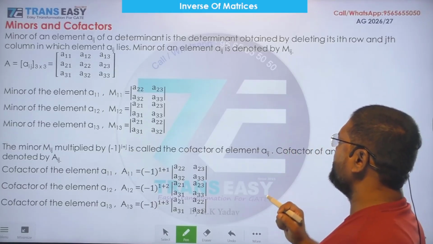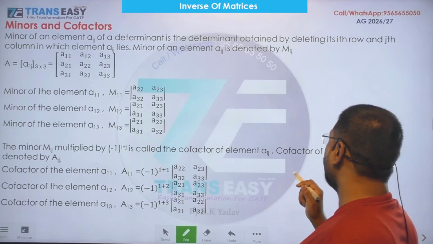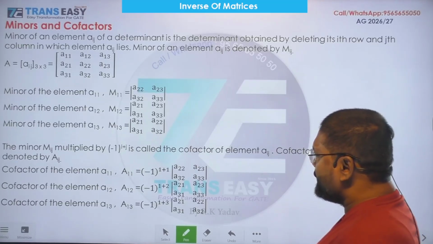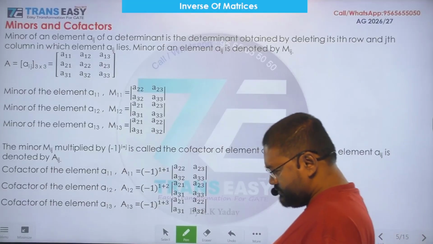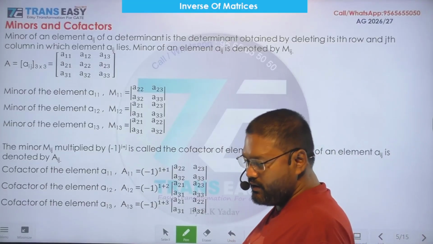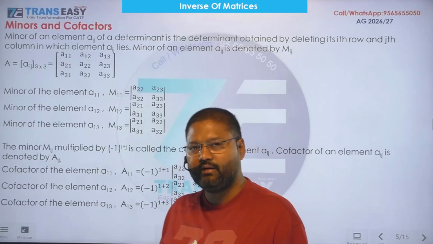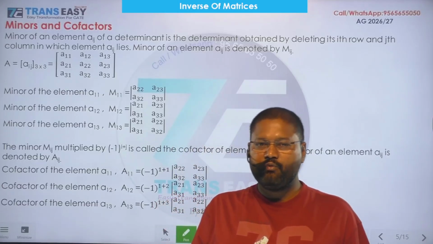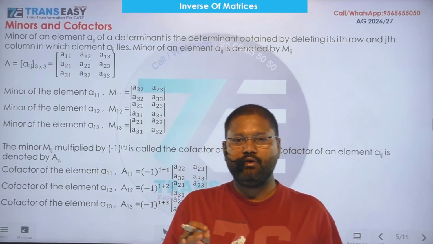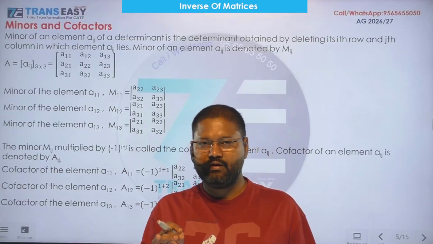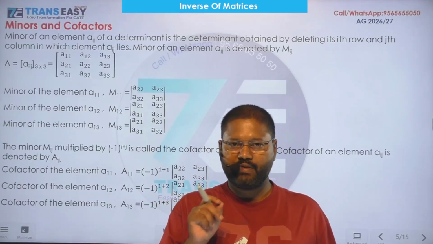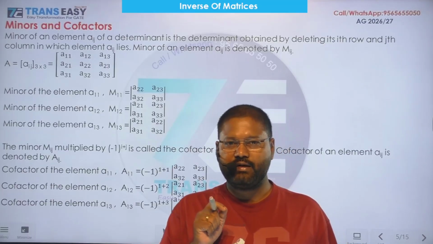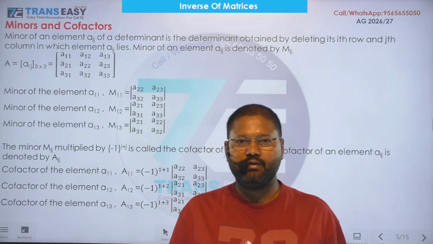The minor of an element aij is denoted by Mij. So a minor is also a determinant, obtained by removing elements lying on the lines passing through that element for which we are calculating the minor, right?